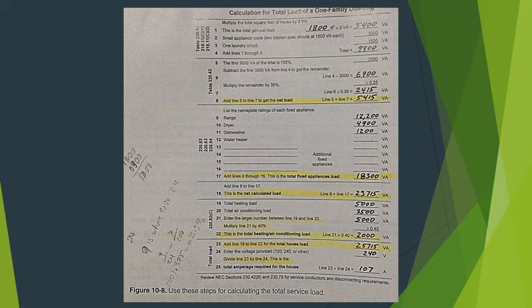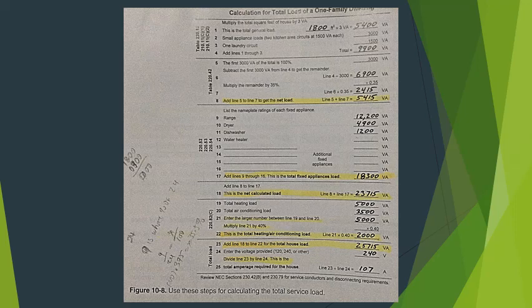Service load. For new single-family dwellings, the NEC requires at least a 100 ampere service. For homes with electrical heating systems or where future expansion is likely, 150 or 200 amp service is preferred.